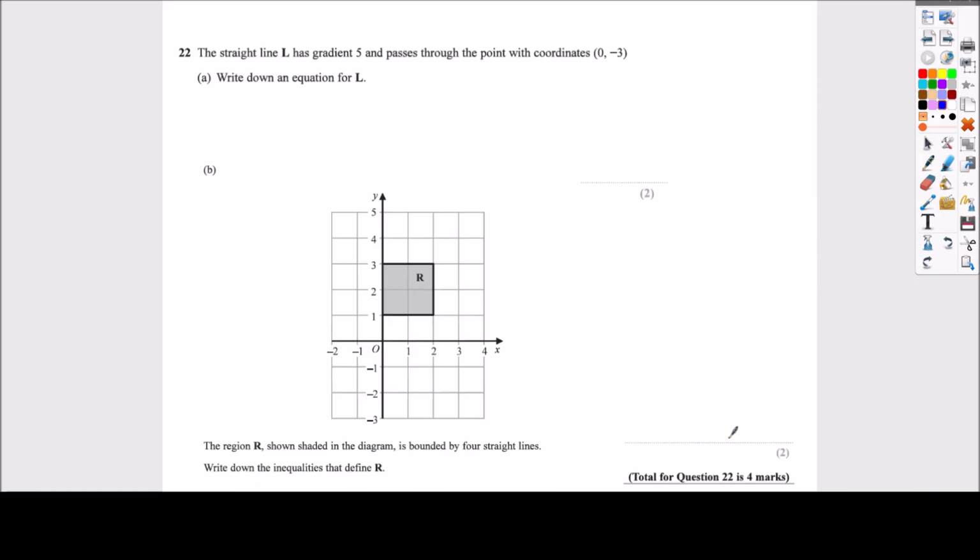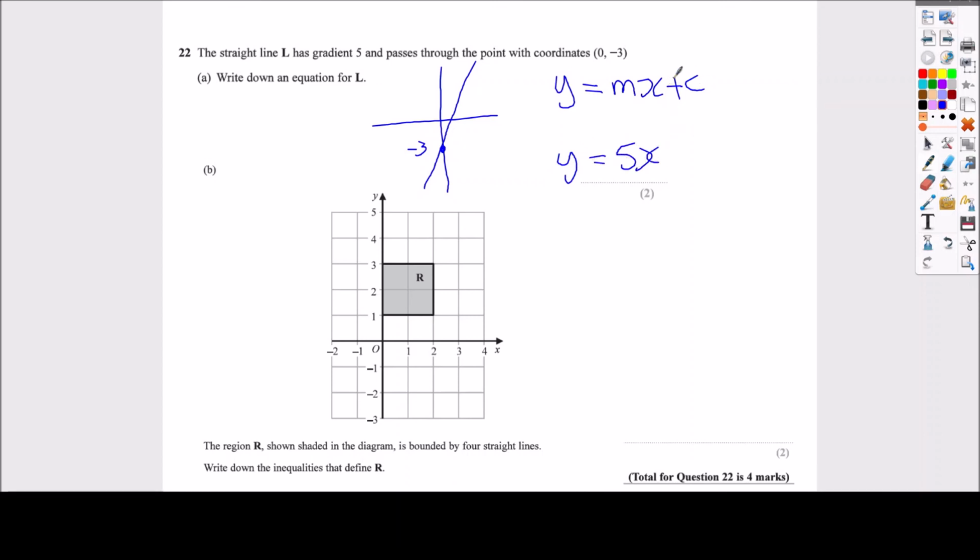Question 22. So we've got a line which is a gradient of 5 and passes through the point 0, -3. Okay, so let's just do a quick sketch to help us gather our thoughts. It goes through the point 0, -3, and it's got a gradient of 5. So y equals mx plus c is our starting point, where m is the gradient, so that is 5.